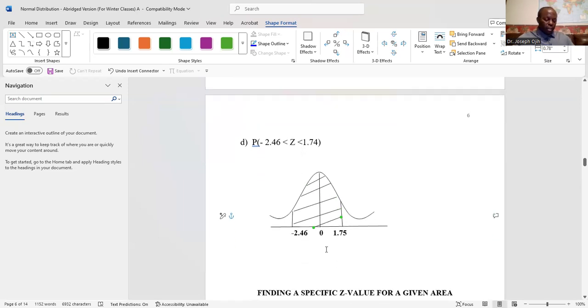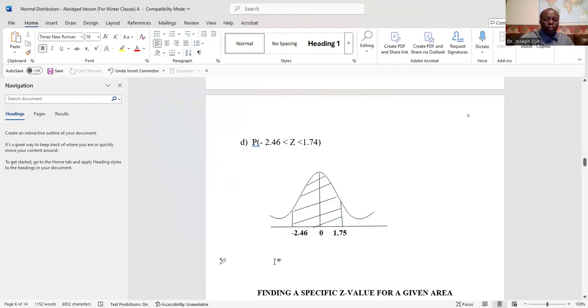So for this type, in between two z values on the opposite side, you're going to use this formula: equals NORM.S.DIST. Z1 is the first one.